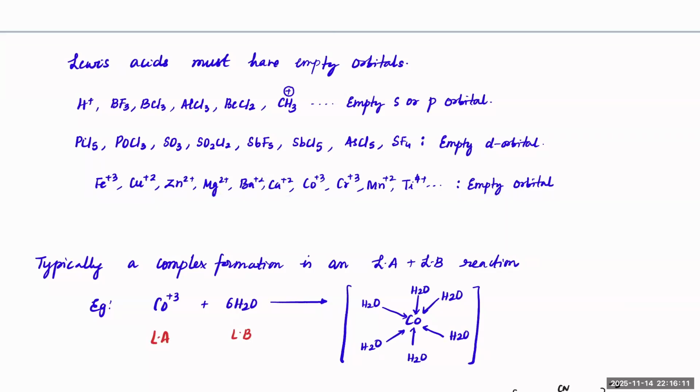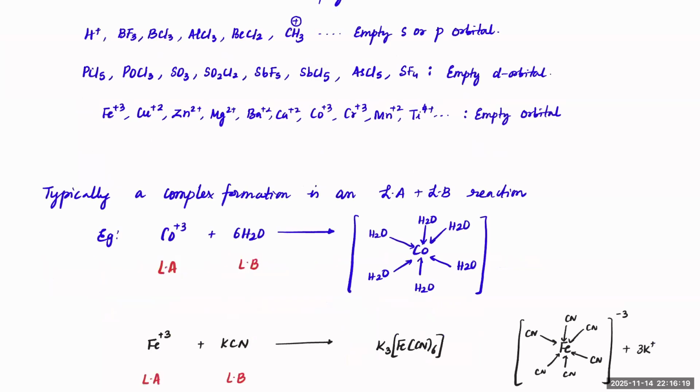Clear, everybody? In fact, any oxides like SO3, even SO2, P4O10, and all other oxides I'll write down. P4O10, Cl2O7, SO2, TeO3, tellurium trioxide.